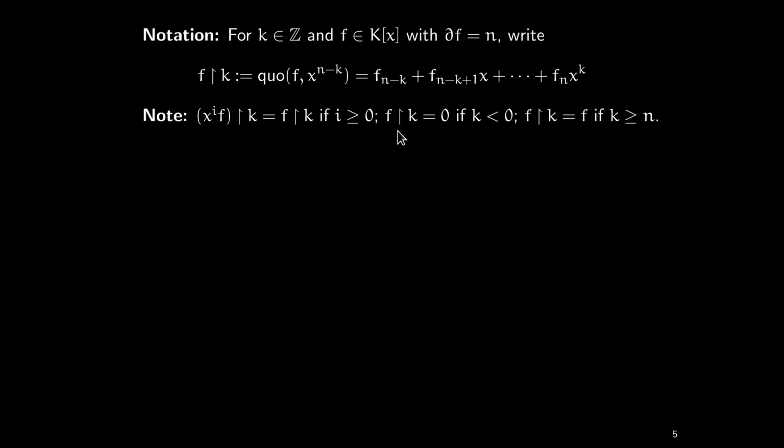And another thing is, if you chop nothing, then there's nothing left. So in accordance with this definition, if k is less than 0, then f chop k should be 0.